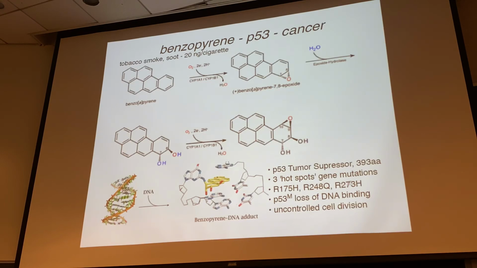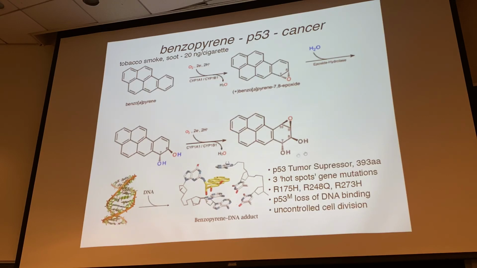And if these 3 specific amino acids get mutated, then this is the mutated form of P53. It loses its ability to bind DNA, and that leads to uncontrolled cell division. And that's a hallmark of what disease? Cancer, correct.